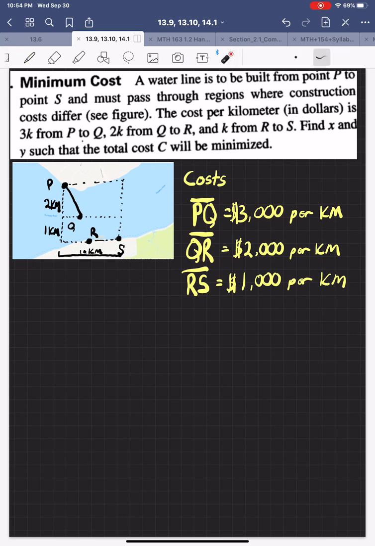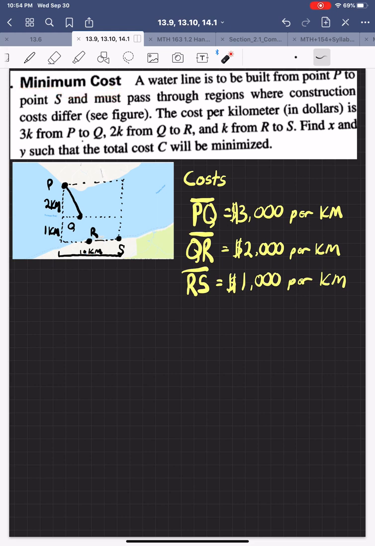The idea is, what we want to do is find the minimum cost. In other words, your company doesn't care if you run directly from point P to S. Your company doesn't care if you go straight to land and then over to S. It's trying to minimize costs.